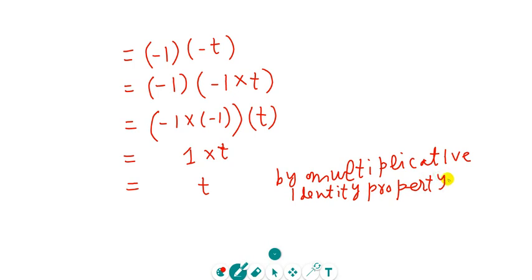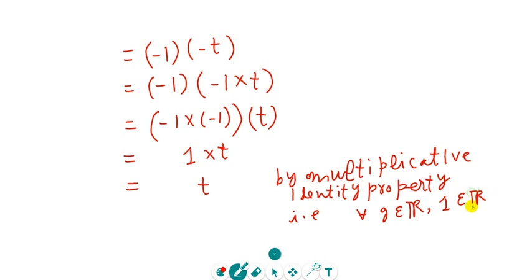This property says that if we multiply the multiplicative identity element on the left side or right side of any real number, then we get this real number again. Its form is: for all g belongs to the set of real numbers, g is an element and 1 is the multiplicative identity.